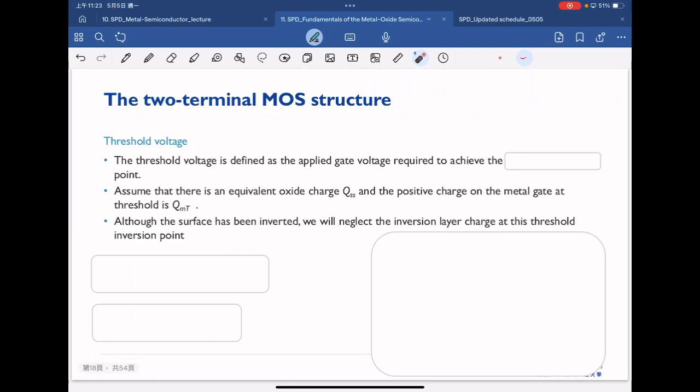So the threshold voltage is defined as the applied voltage required to achieve the threshold inversion point.